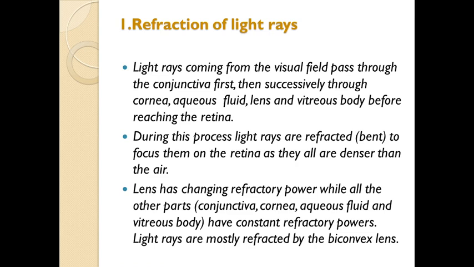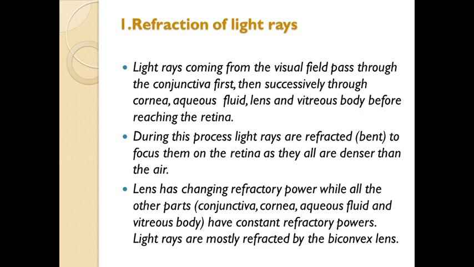The lens has a changeable refractive power while all the other parts, conjunctiva, cornea, aqueous fluid and vitreous body, have constant refractive powers. Light rays are mostly refracted by the biconvex lens. The biconvex lens is the main agent of refraction, and it is also supported by the conjunctiva, cornea, aqueous fluid and the vitreous body.